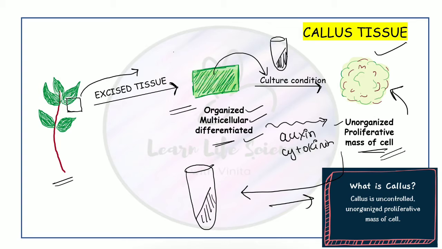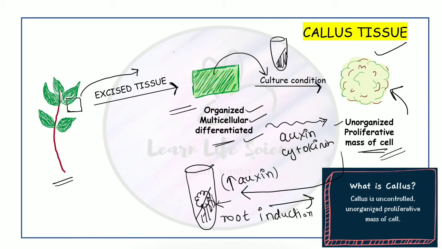Okay, for example, if you are concerned with root induction, if you want to induce root in this particular callus, you can simply fortify the media with a high concentration of auxin. What will happen? The callus tissue in the presence of the media and auxin will be induced to form the root.